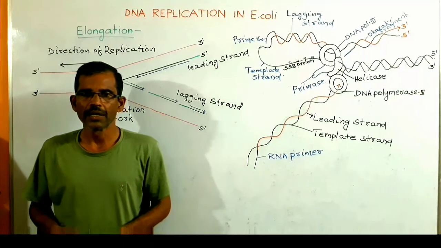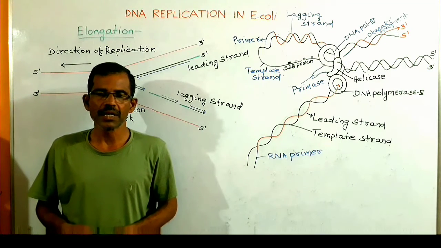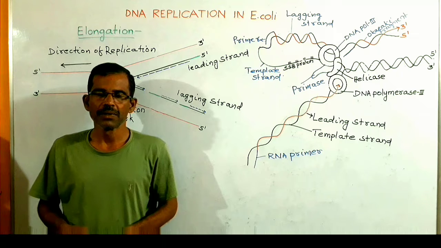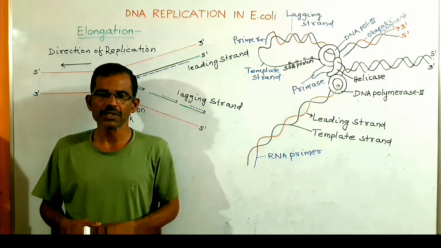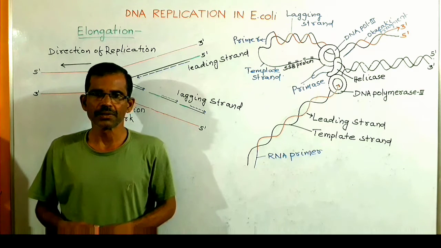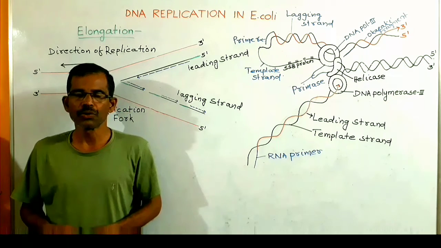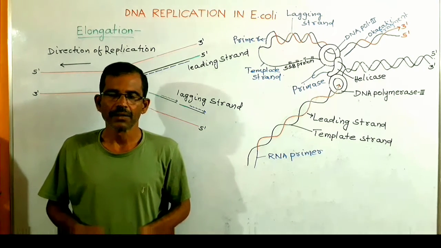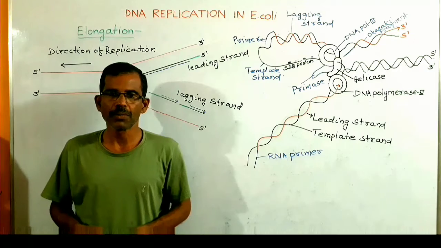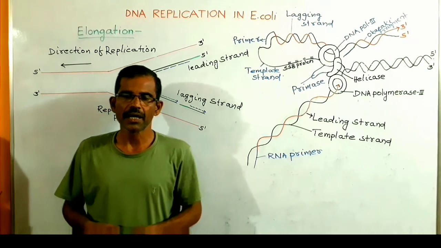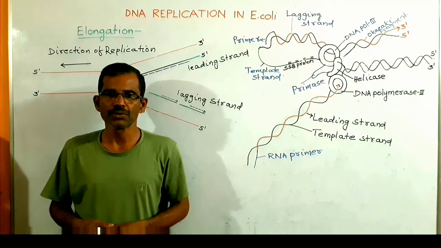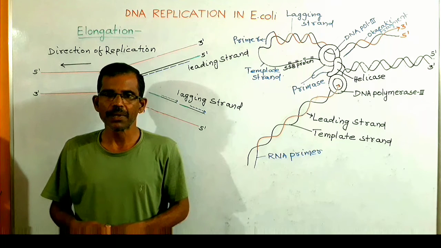In E. coli, DNA polymerase III is the primary enzyme involved in the process of DNA replication. The sequence of nucleotides added by DNA polymerase III is decided by the sequence of the nitrogenous bases in the template strand.